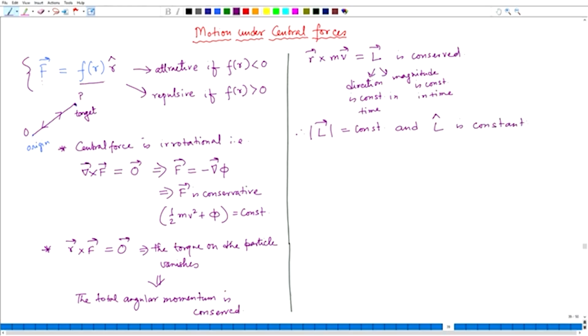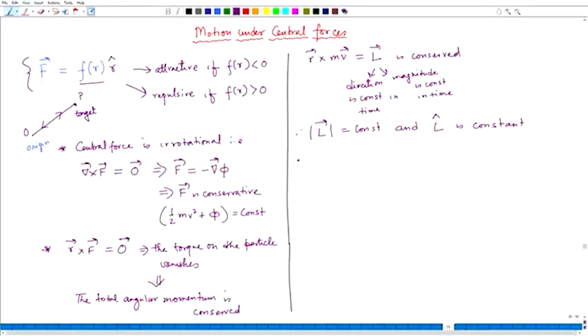Now, you see, if I can think of a situation where I have a constant vector, let me give you an example. Let us say this is a constant vector. This basically gives you a constant direction in space, and whatever be the motion of the particle with time, the direction and the magnitude of this vector does not change.